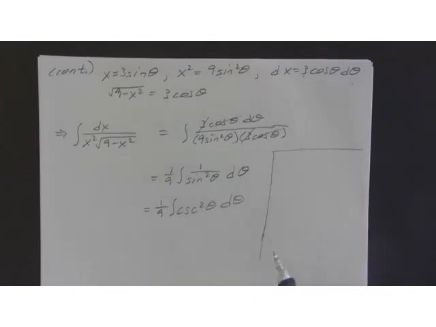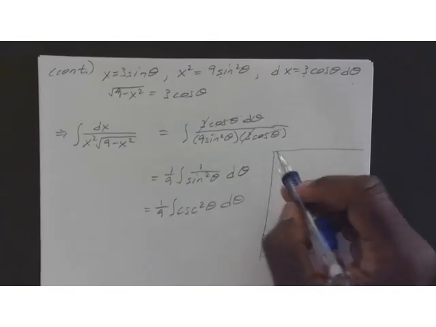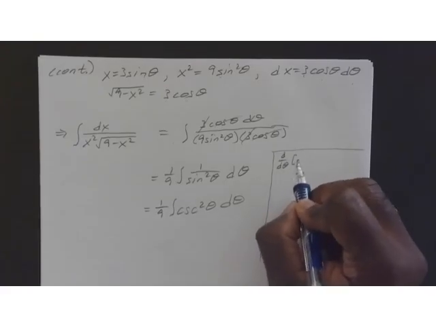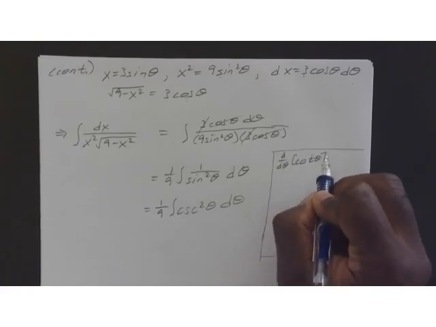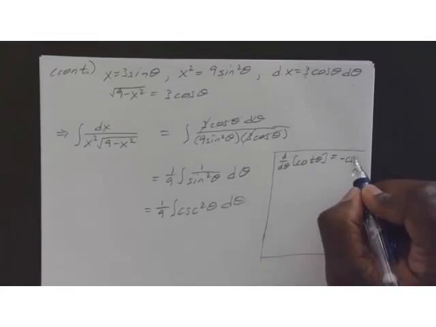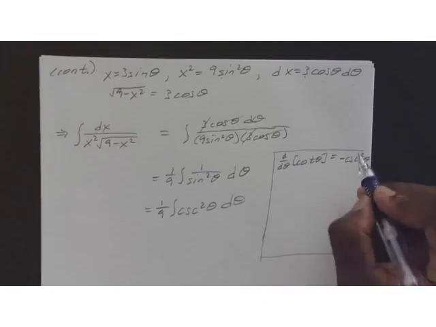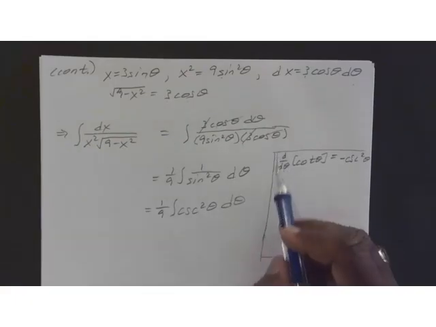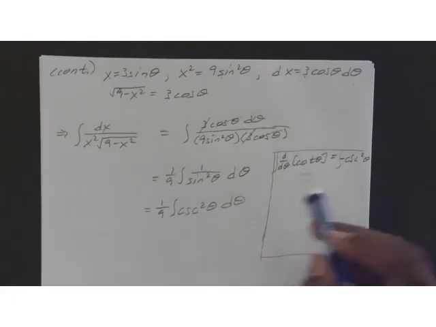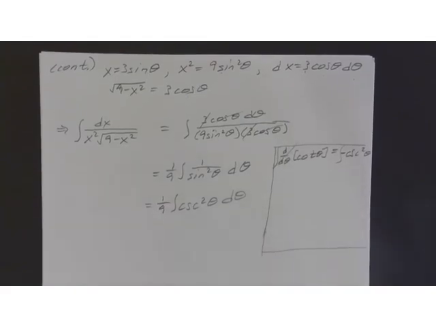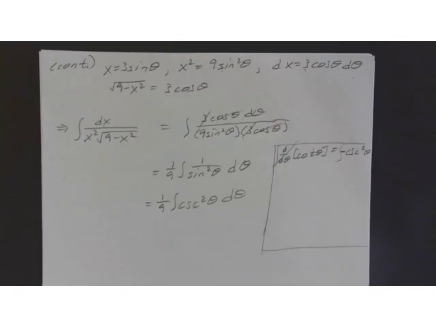So to find the integral of cosecant squared, we know that the derivative with respect to theta of cotangent is equal to negative cosecant squared. So if we integrate both sides, the integral and derivative are inverses of each other, so they cancel each other out.